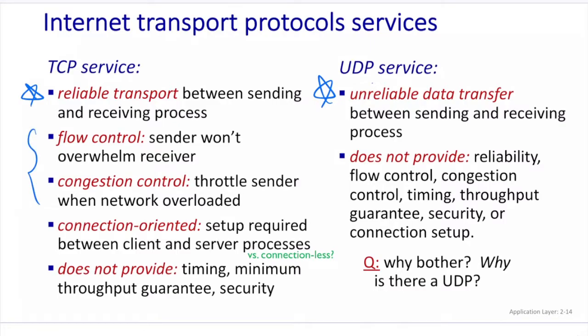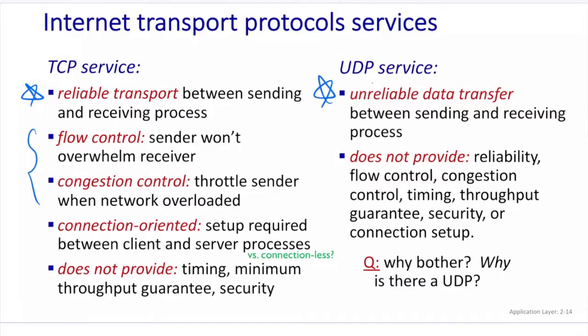So the next two things are flow control and congestion control. Flow control means, for example, the hosts of the sender and the receiver might be different. The host at the receiver might be a very old machine, so the memory, the CPU, and the bandwidth might be very limited.